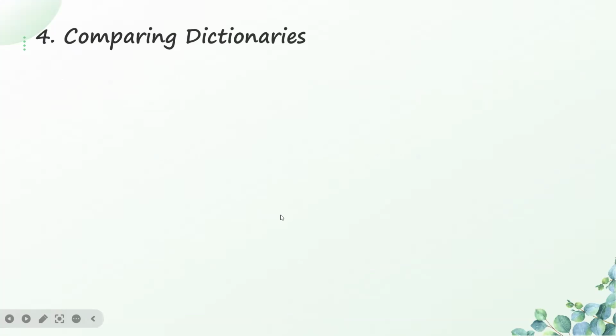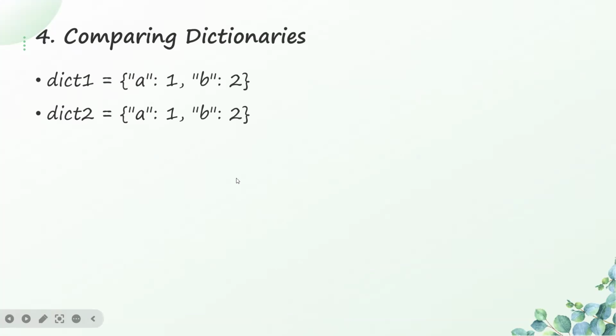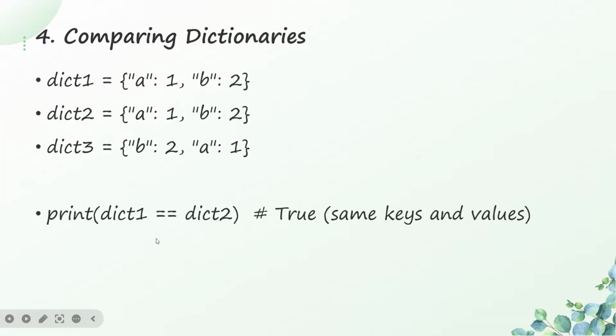So we can also compare dictionaries, okay? When you're comparing dictionaries, it is always going to compare the keys, all right? Look at it, dictionary 1 is equal to dictionary 2. Yes, they are equal because look at dictionary 1, A1, B2. The keys and values are the same.